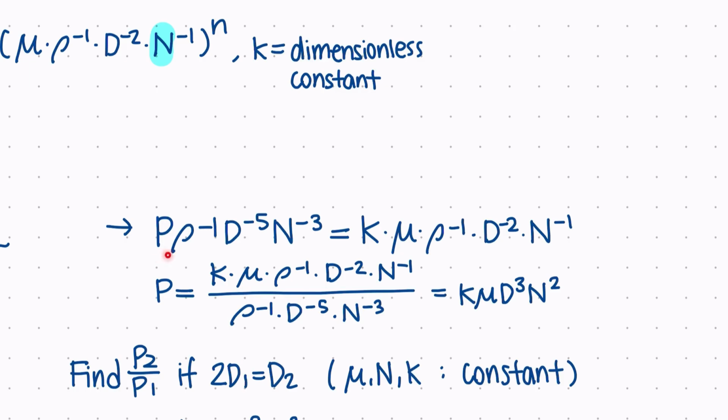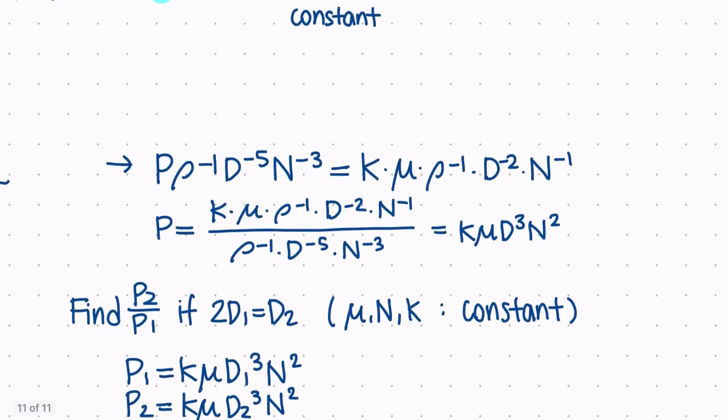We can simplify this equation in terms of p, so we have p equals k times mu times d to the 3 times n squared.